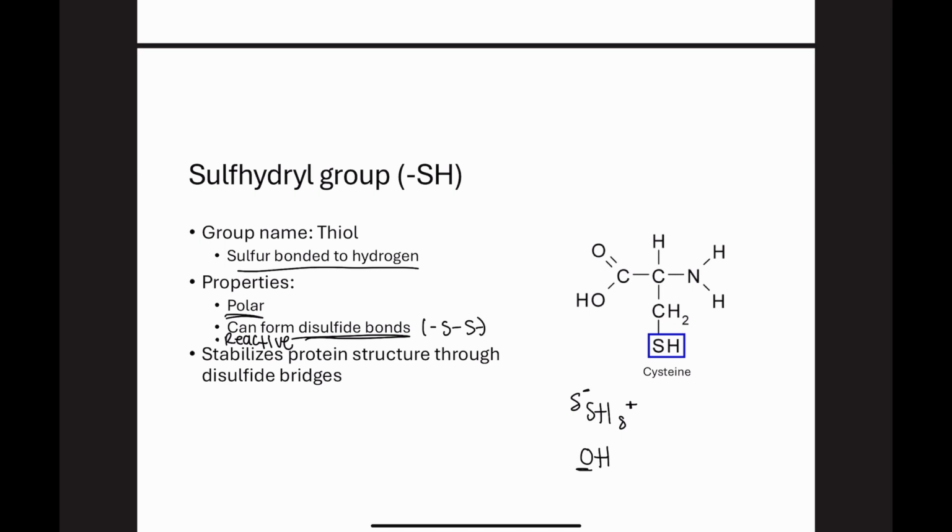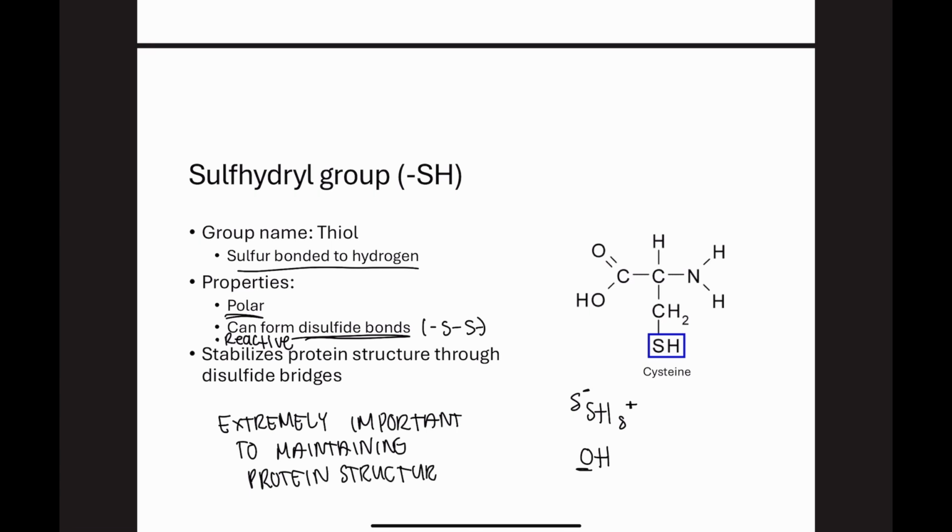So we need to remember that our sulfhydryl groups are extremely important to maintaining protein structure. And this is because of their ability to form these disulfide bonds between sulfhydryl groups.